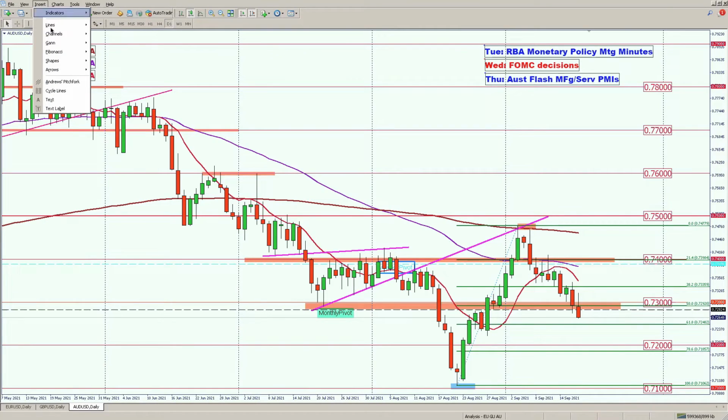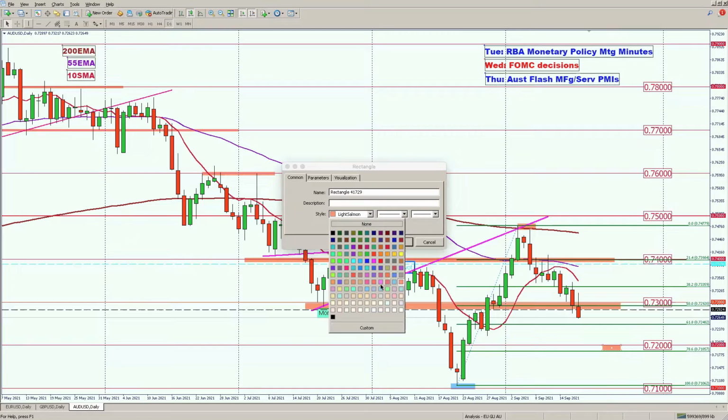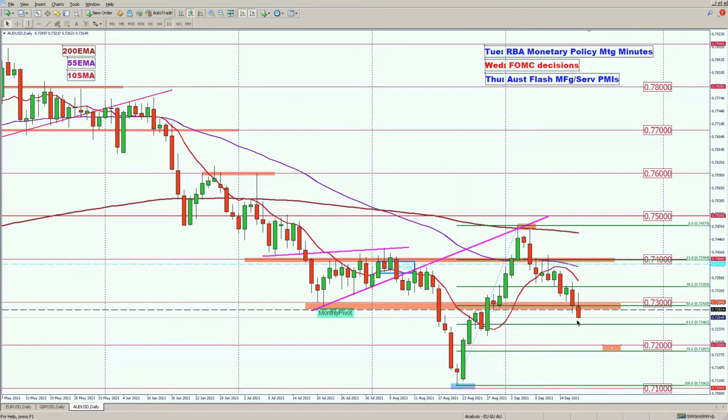Next stop will be at the 0.7200 along with the 78.6 retracement of this swing move up. So that will be support.